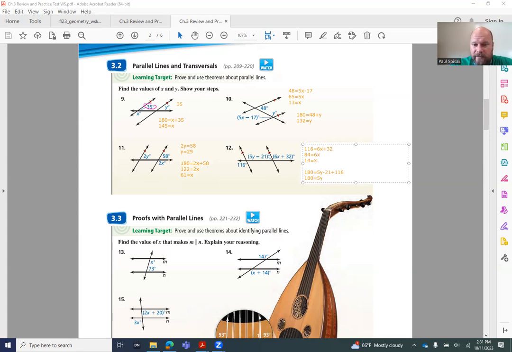So we still have the 5Y, negative 21, and positive 116. This can give us plus 95. Then we can subtract the 95 off of both sides, which leaves us with 65. Oh, no, that's too low.